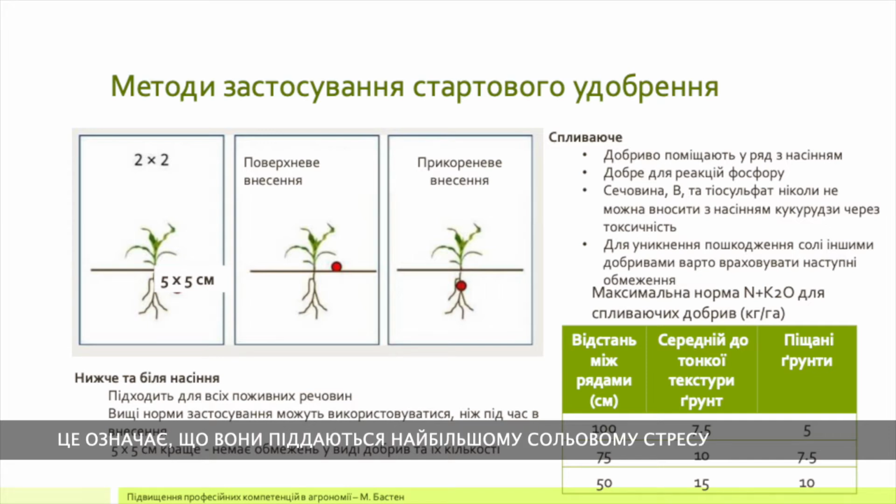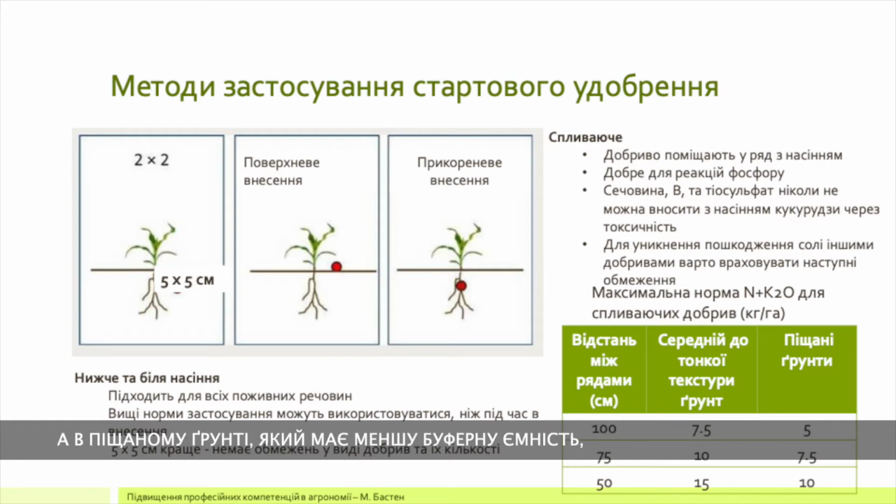That means they expose the highest salt stress in the soil, and therefore, depending on row spacing, we should watch some limitations for applying these two nutrients in total. For instance, if we have a row spacing like in corn, 75 centimeters, not more than 10 kilograms of these two nutrients should be applied per hectare.